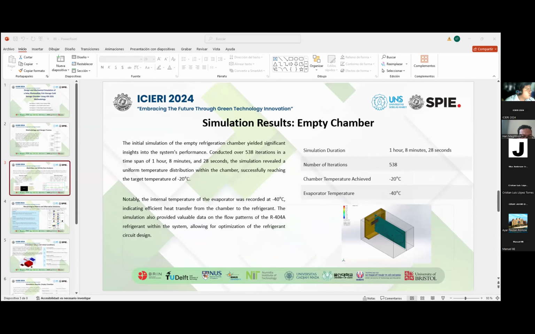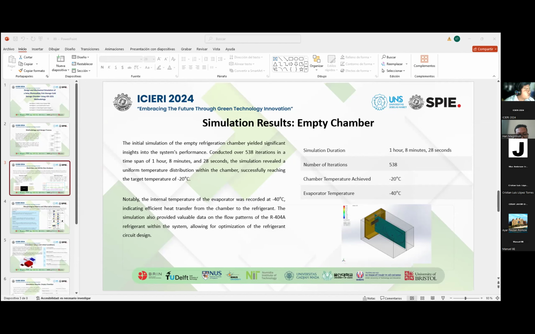The initial simulation of the empty refrigeration chamber yields significant insights into system performance. Notably, the internal temperature of the evaporator was recorded at 14 degrees Celsius, indicating efficient heat transfer from the chamber to the refrigerant.